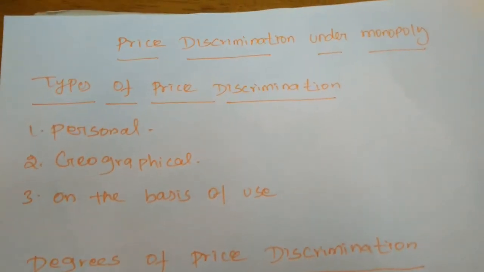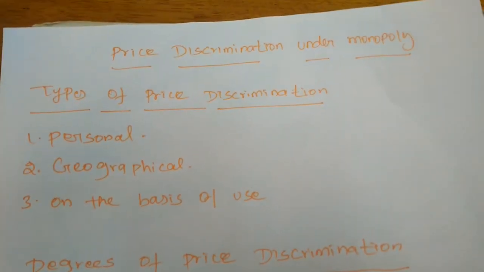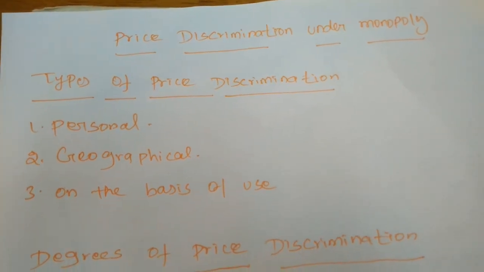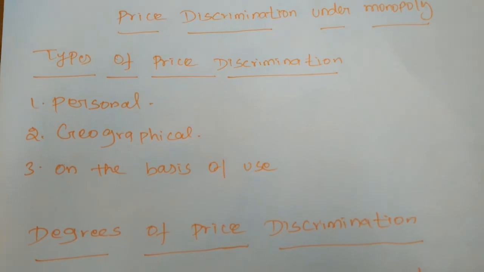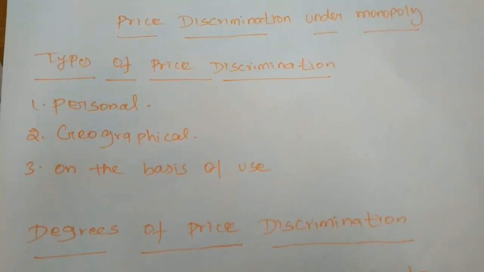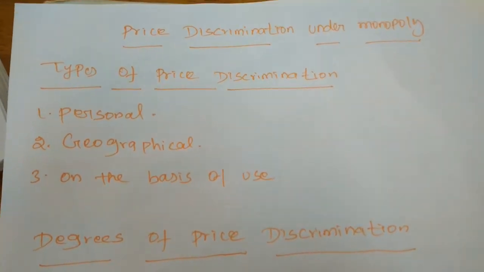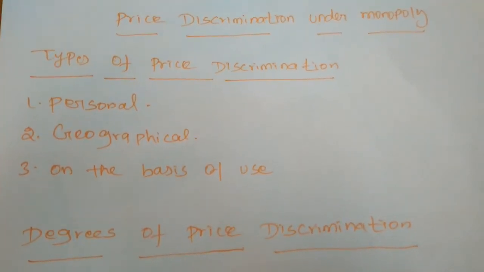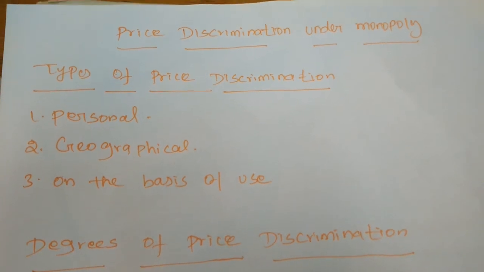Like that, the producers or sellers will sell their commodities at different price levels when they have the power to fix the price. They can fix the price on the basis of personal, geographical, and usage factors. Personal means on the basis of persons, by age.